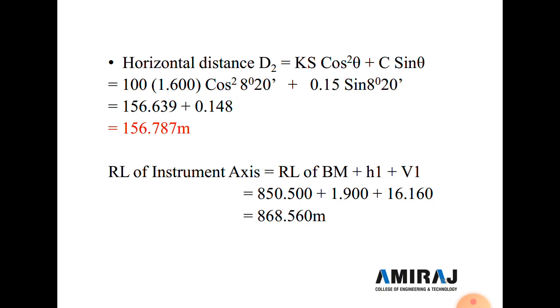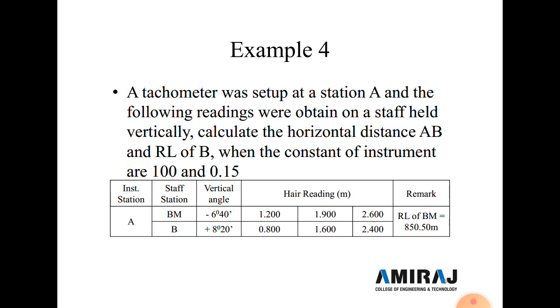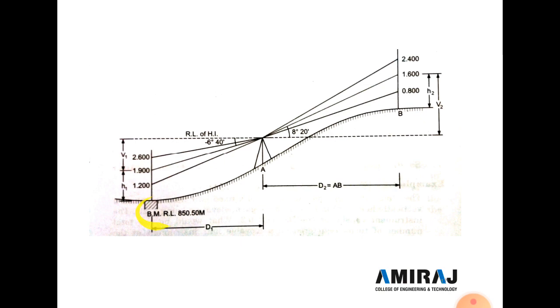Now let's calculate the RL of the instrument axis. So RL of benchmark plus H1 plus V1. From the figure you can see exactly, RL of benchmark plus H1 plus V1.